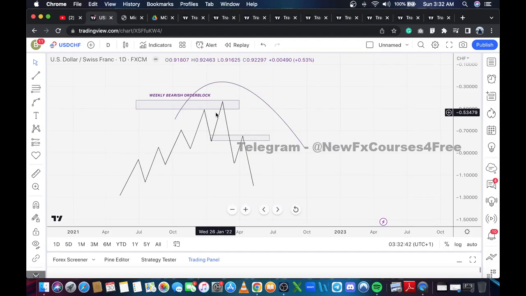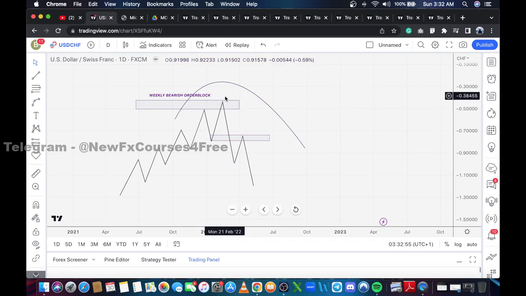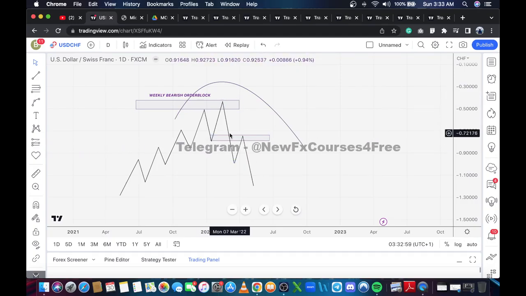Because it is very, very fearful and scary to short as the market is aggressively rallying. It takes guts, and if you don't have experience doing that, you're going to struggle to short as the market aggressively rallies. So as a student, if you're new to the concept, this is what you're looking for.